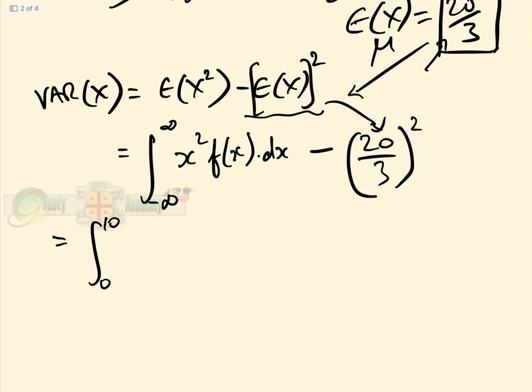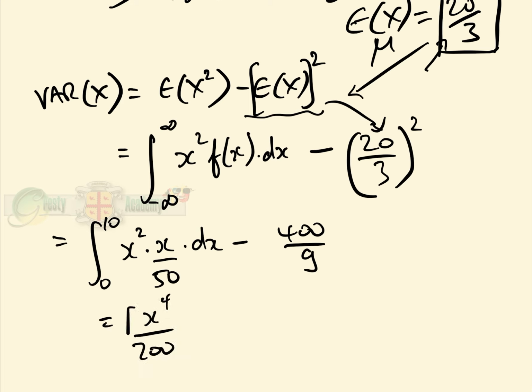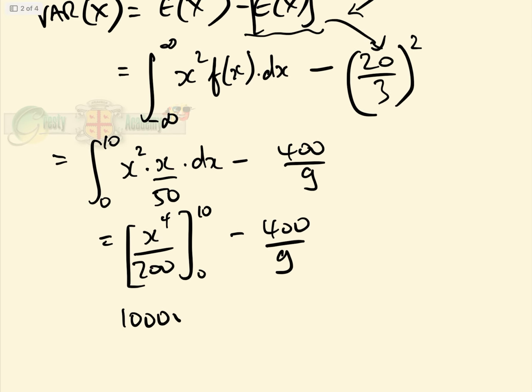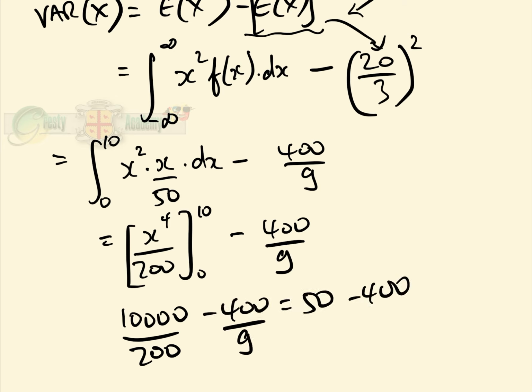So the integral between 0 and 10 of x squared times x over 50 dx minus 400 over 9, which equals x to the 4 over 200 between 10 and 0 minus 400 over 9, which is 10,000 over 200 minus 400 over 9, which is 50 minus 400 over 9, which equals 50 over 9.